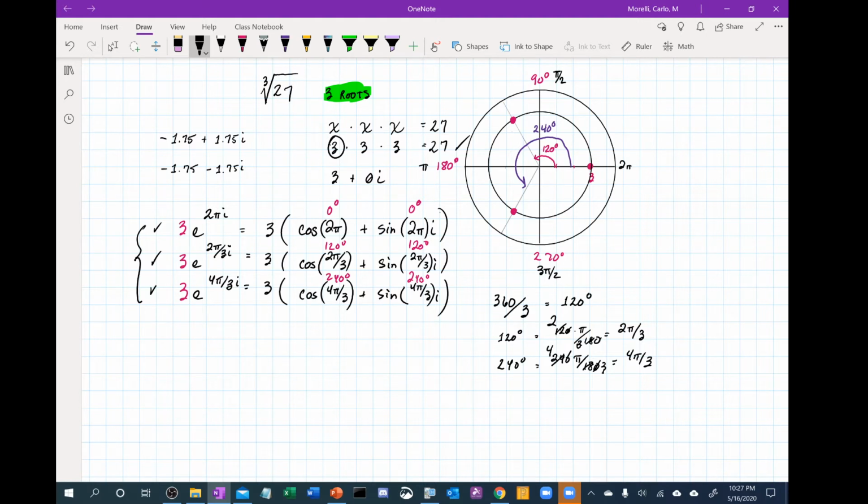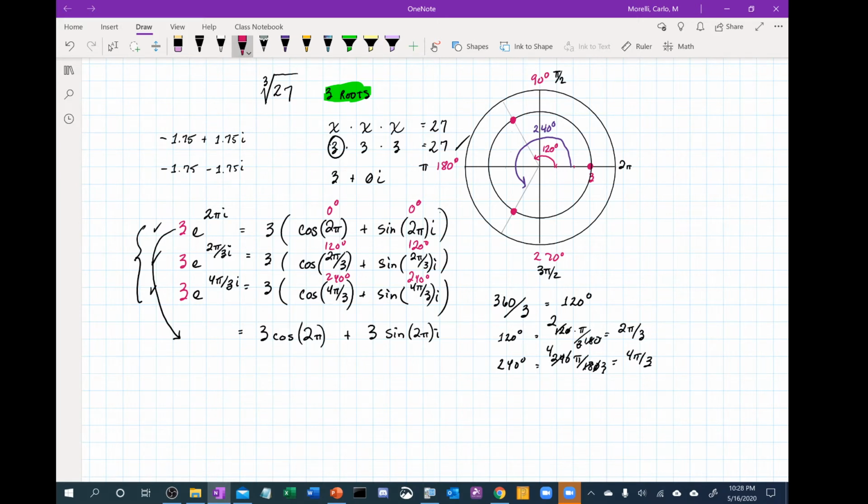So my first solution, which is going to be this right here, will equal 3 cosine 2 pi plus 3 sine 2 pi i.